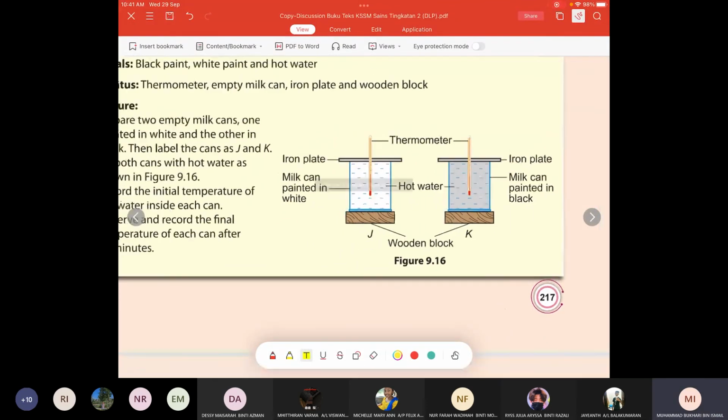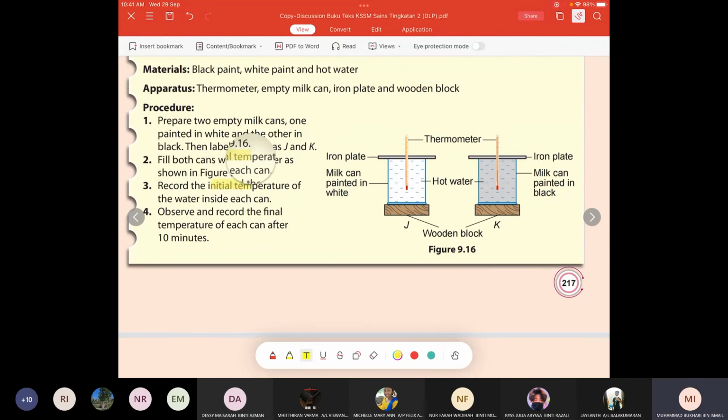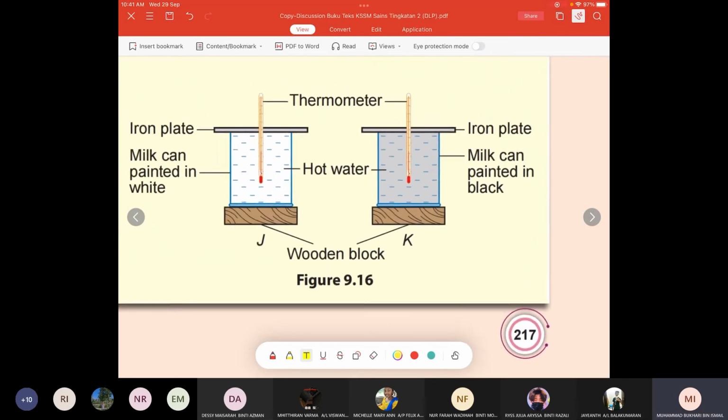At the beginning of the experiment, you have hot water, so the initial temperature is recorded. You can see here the initial temperature is recorded, and then observe and record the final temperature of each can after 10 minutes. We leave it for 10 minutes and then we see.